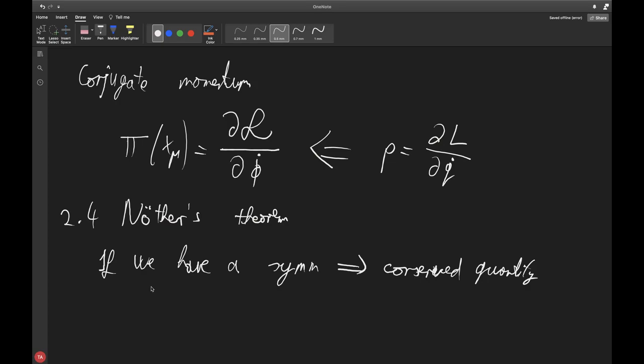So here now we're going to do a four-dimensional current, which we denote with uppercase J. So J mu is the conserved current.